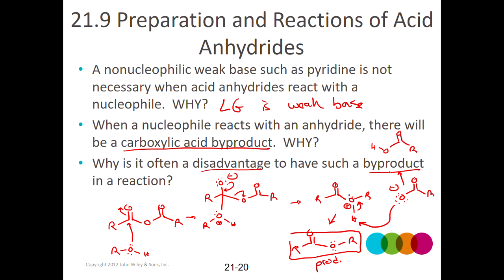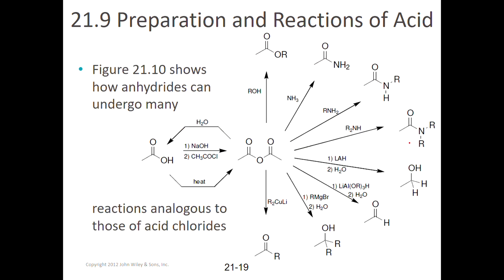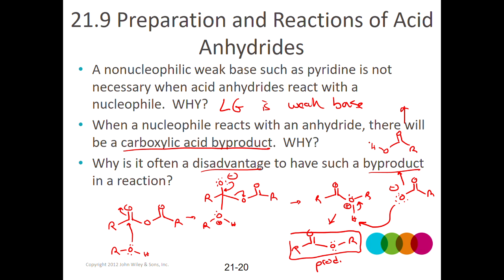So depending on the specifics of our compounds, that might be removed in a variety of different ways. One way to remove it is to add base. And those of you who did the reaction with an anhydride in lab, if you recall, probably that reaction during workup required you to add some kind of weak base. And so some kind of base like a hydroxide or even a carbonate or something, pick off that proton, during the stage where you're using a separatory funnel and you have two different layers.